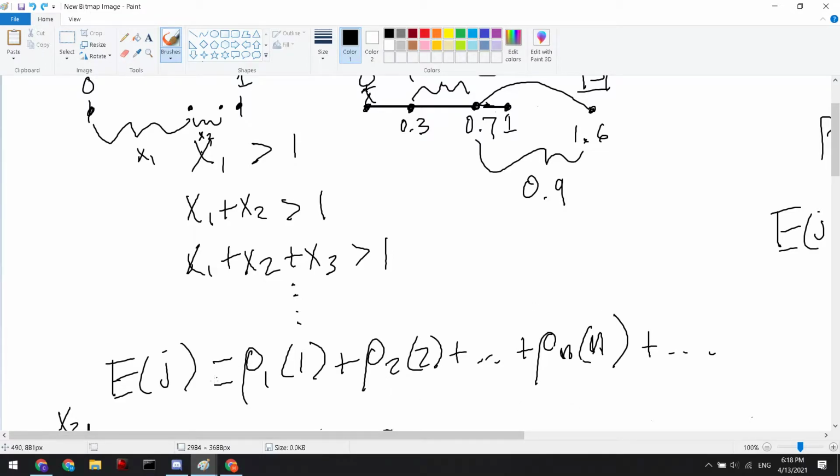And so what we have here is the expected value for the amount of jumps that we need.